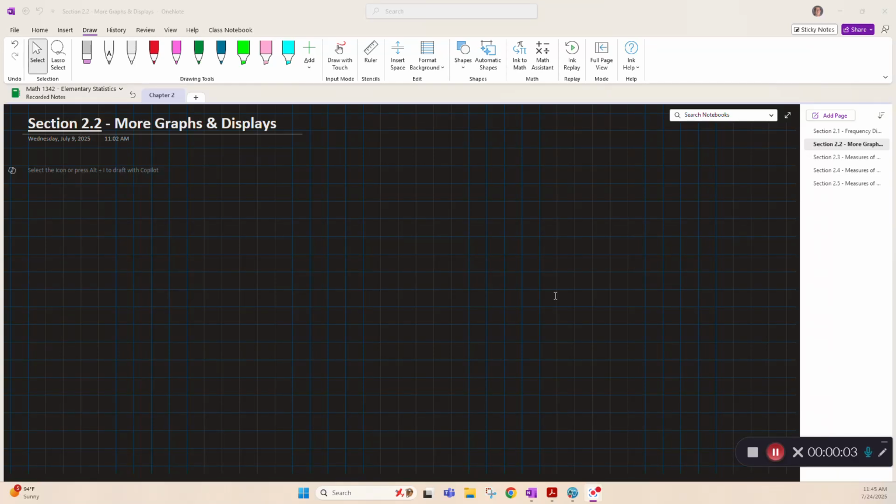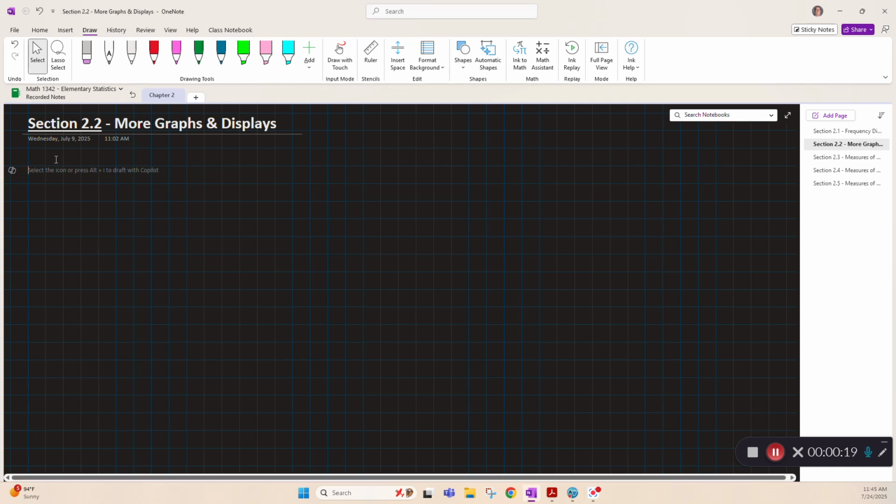Okay, so now that we know about frequency distributions and all the sorts of graphs and histograms that we can make with them, let's explore some other types of graphs that we can do with raw data that we have collected.